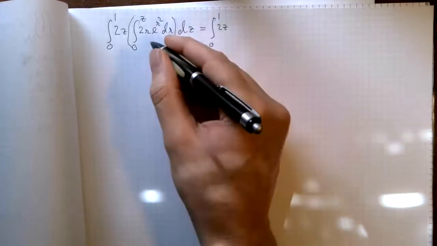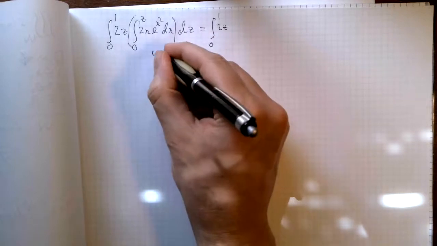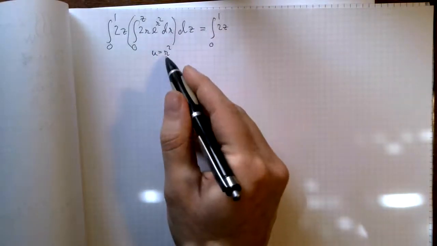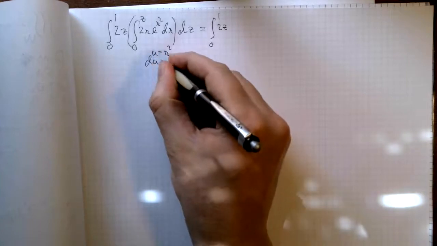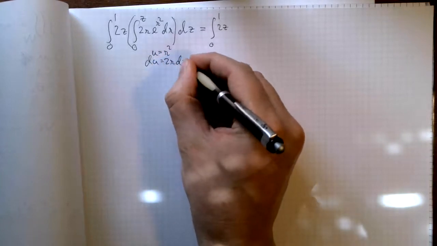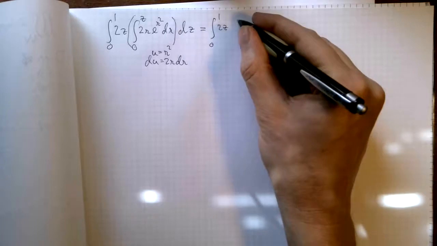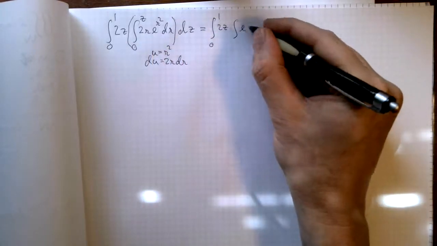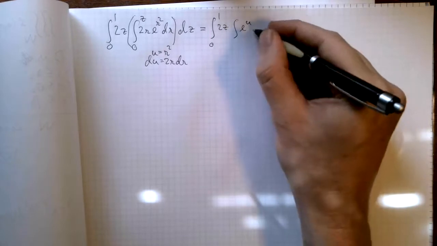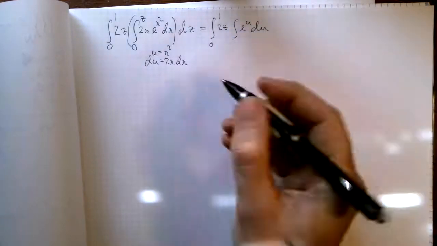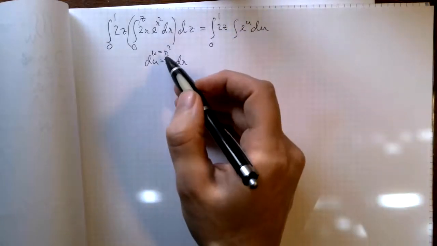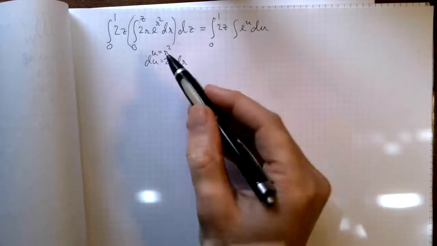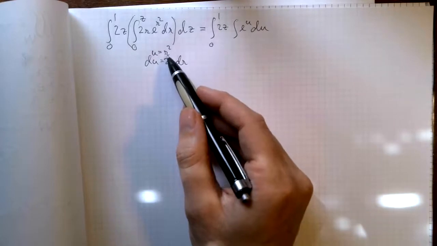So now let me copy this thing to z. Now let's do u substitution. u is r squared, and so du is 2r dr. Hey, that's nice. 2r dr is here, so it's e to the u du, and when r was 0, u was 0.